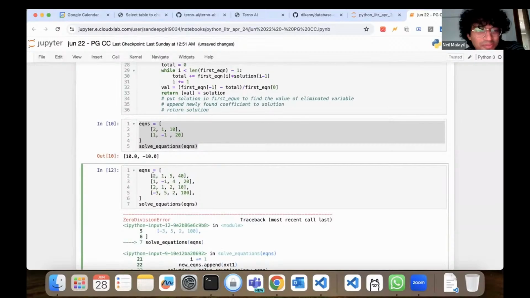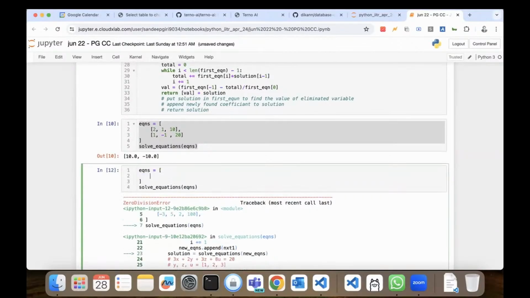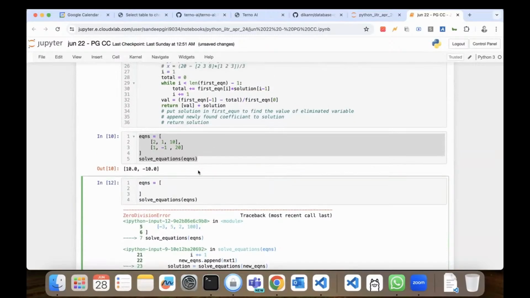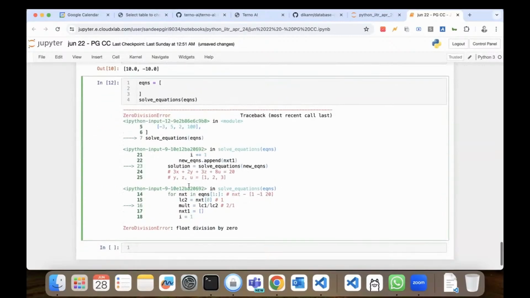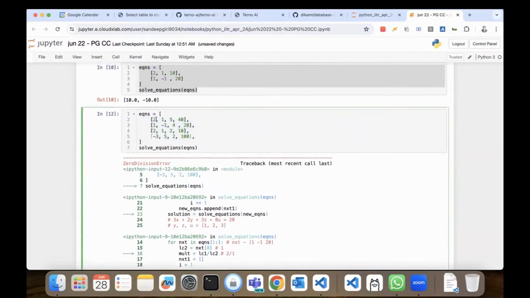Can somebody give me a good example? I know there's a bug in this code, and I want to address it just after this discussion. I just want to test it without that. There's a class of problems that it can't solve, and there is a division by 0. Here you can see that there's a division by 0, right? So what you got to do is make sure that this position is never 0.